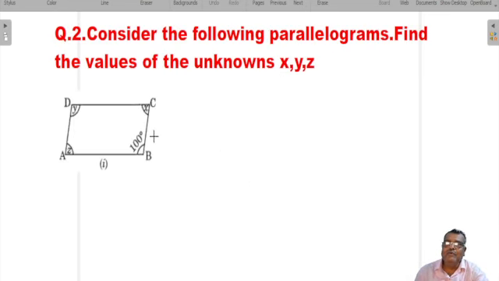Consider the following parallelogram. Find the values of the unknowns x, y, z. Now you see, where is x? Here is x. Angle C is x. So angle C plus angle B is equal to 180 degrees because of adjacent angles, supplementary.